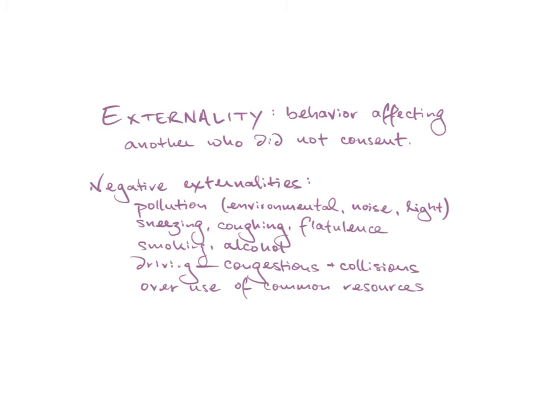Now, to be clear, the externality associated with smoking is not the damage you do to yourself. Okay? Smoking creates negative externalities, but it's not the danger to yourself. It's the impact on other people. Okay? Secondhand smoke. That's the externality. Does that make sense? Okay?